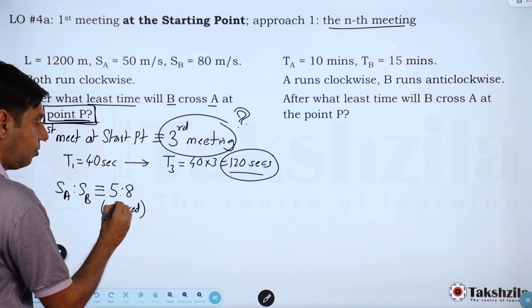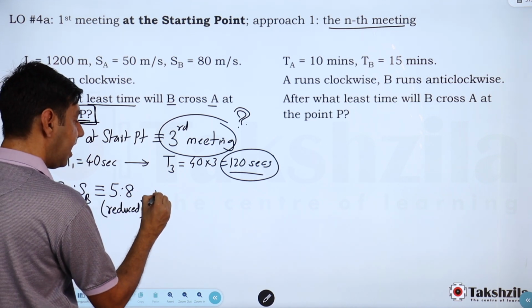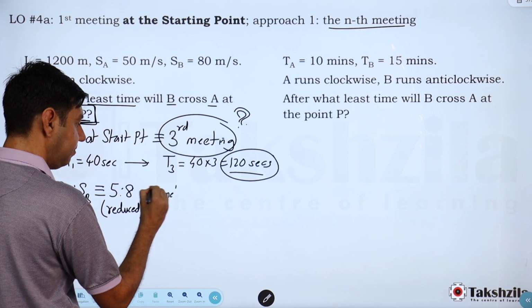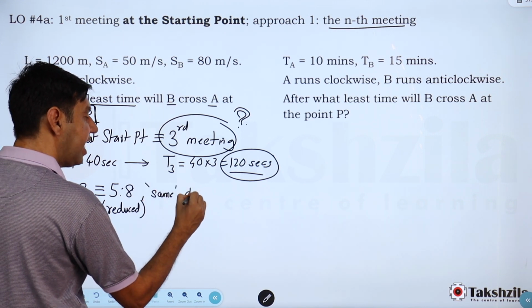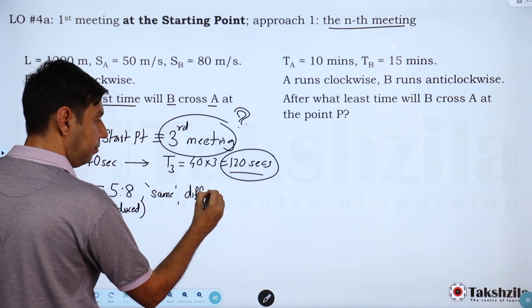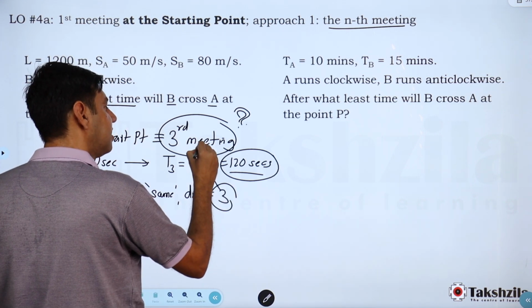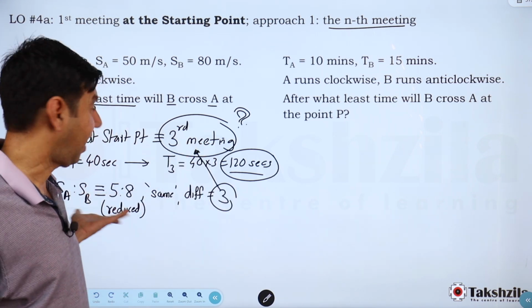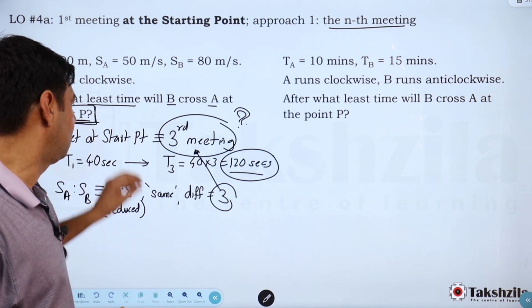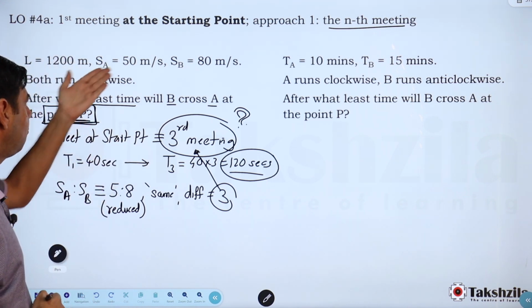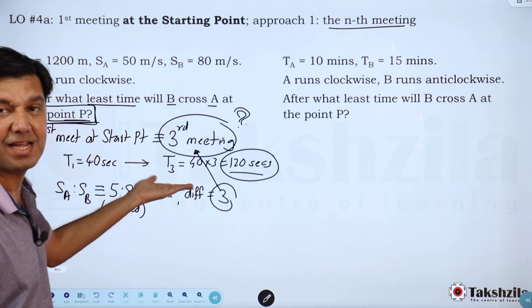If you don't do that, you'll go wrong. Because they are running in the same direction, you take the positive difference, and that is the 3. This tells me it is the third meeting. As simple as that. So the first time we know how to find out very fast, and then take it 3 times.